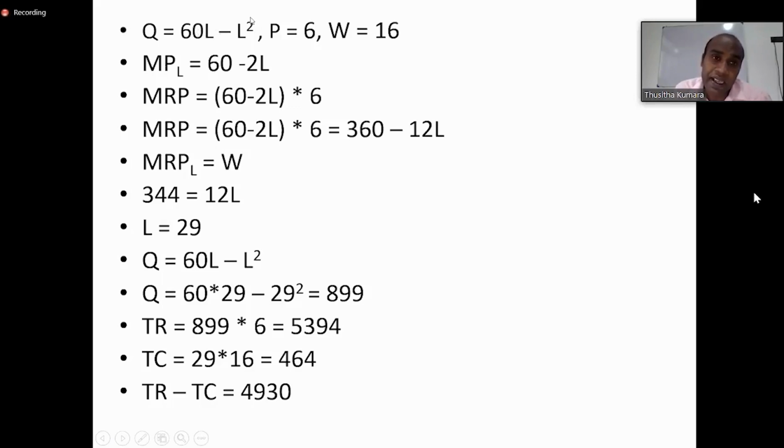Minus, we take the 2 to the front, 2L to the power 2 minus 1, which is L to the power 1.